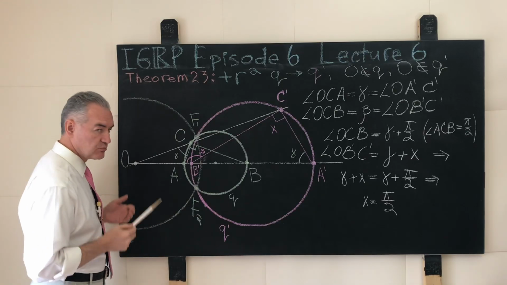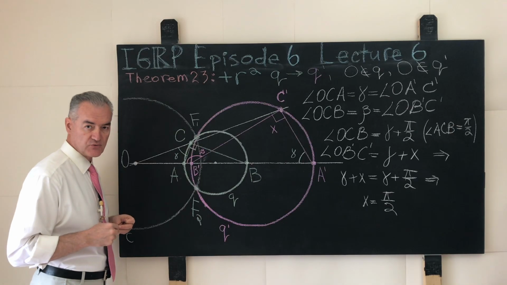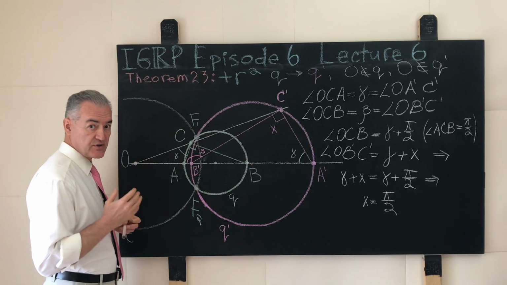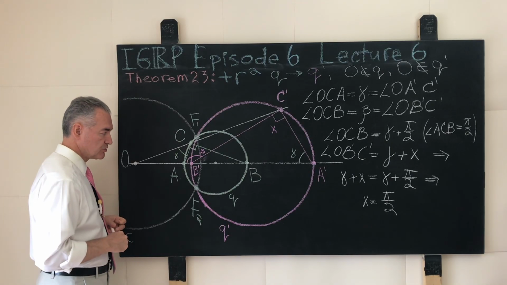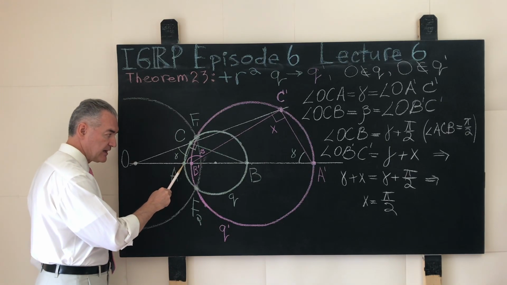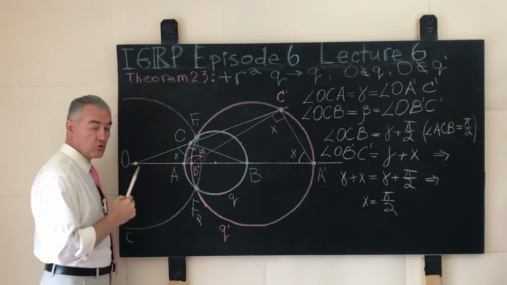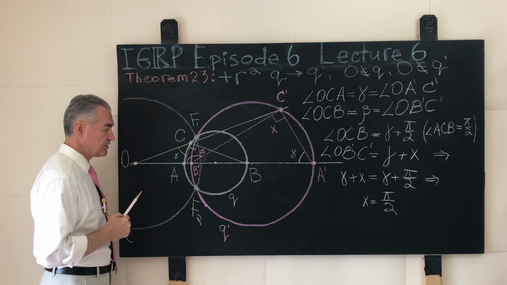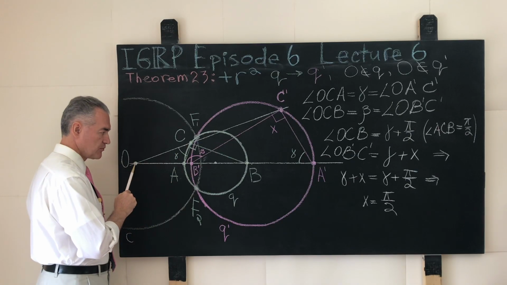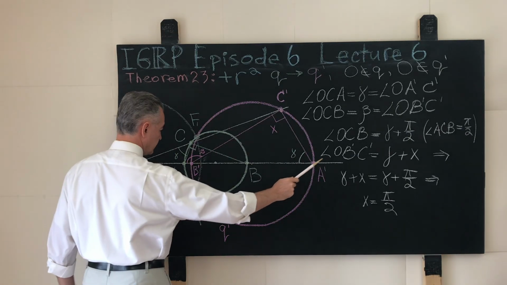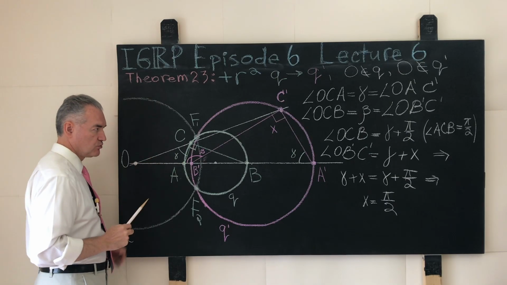And now we bring in the heavy artillery, so to speak. We bring in our fundamental theorem of inversive geometry, theorem number 22, and we apply this theorem to two pairs of points. Look at this, the point A and the point C satisfy the constraints of theorem 22. These points are distinct. Both of these points are different from the center of inversion and the point at infinity. They're not collinear with the center of inversion. So what does it tell us?